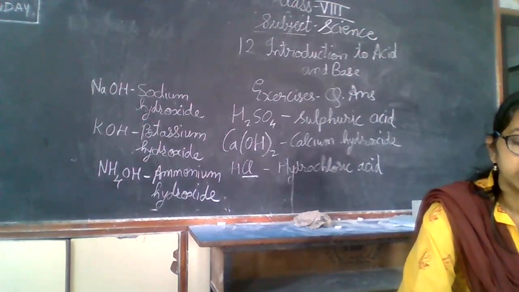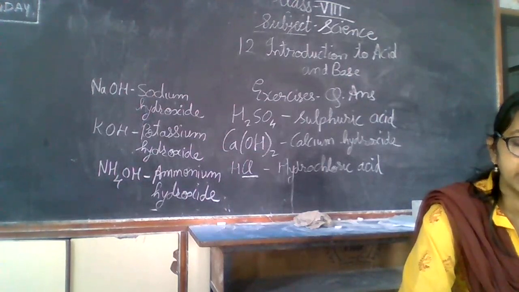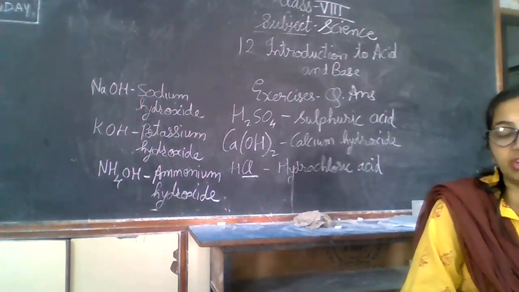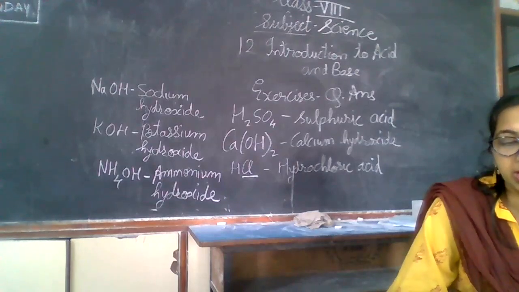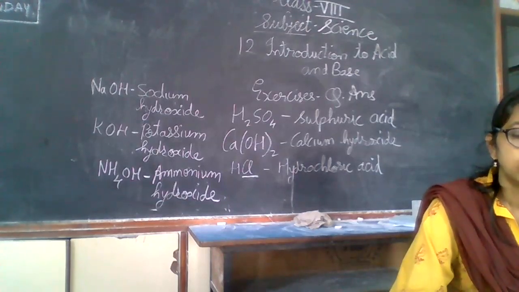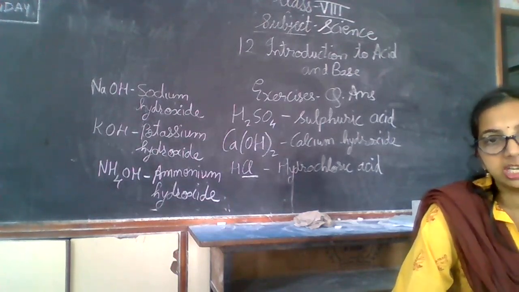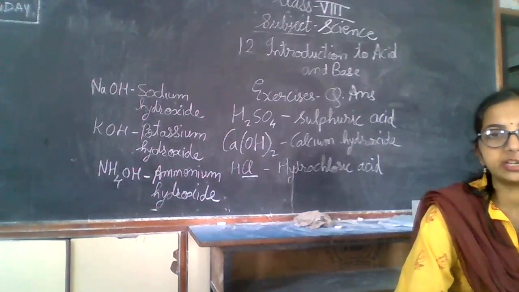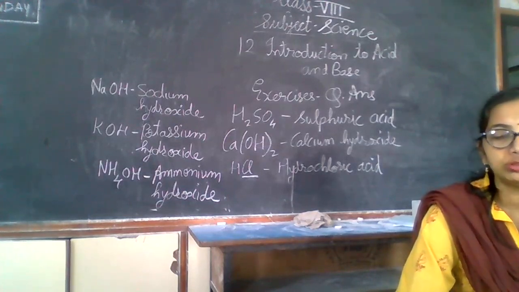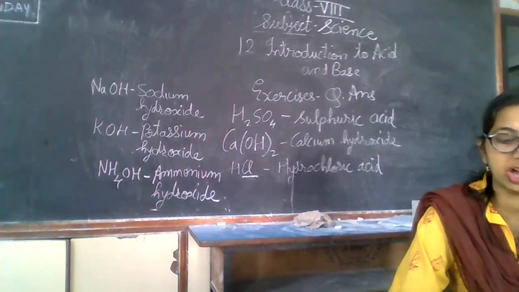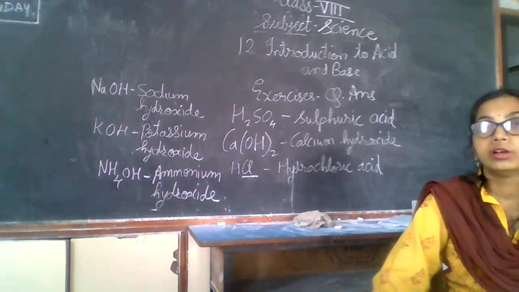Third question. The label on the bottle of chemical is spoiled. How will you find whether the chemical is acidic or not? Very simple. We have to open it and take up a litmus test. Blue and red litmus paper, if added to the bottle, we can very easily find if it is an acid or an alkali.